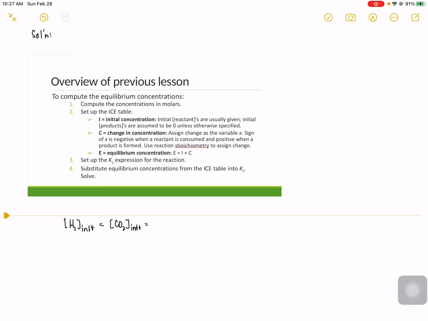That will be equal to 0.0817 mole in a 1-liter container. Now plugging that into the calculator gives us the molar concentration of these, which is 0.0817 molar. With the concentrations already known, we can now set up the ICE table according to step 2.